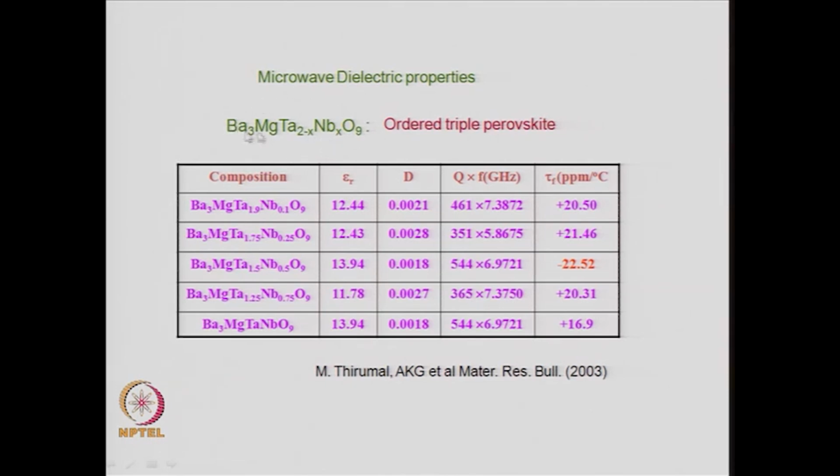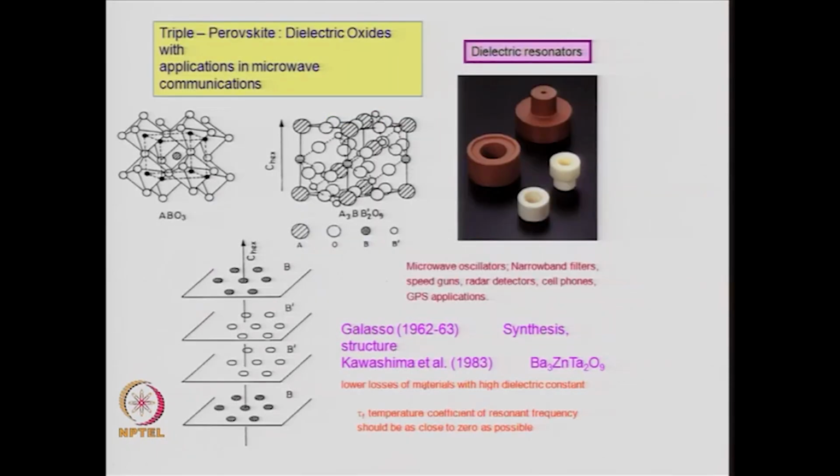All these compounds of this form are also forming the perovskite structure, and it is the ordered triple perovskite structure. Most of these triple perovskites have a cell around 5 point something, and that is the a parameter, and the c parameter is along this direction, which is of the order of 7.5 or 7.1 angstroms.